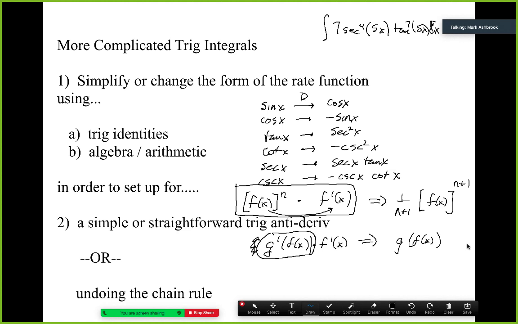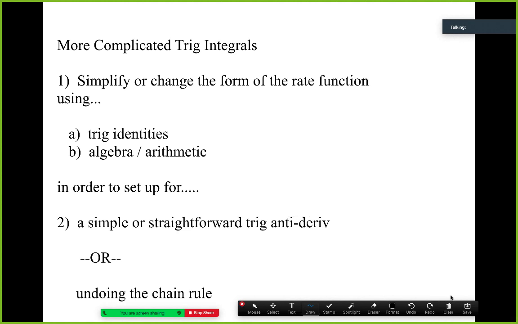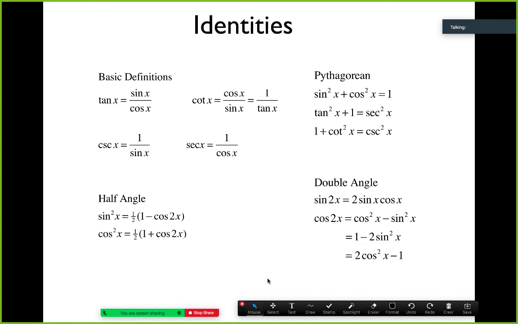Okay, so let's see this in action. Let's do some examples. We've got to look at the identities. Here are the basic identities that you're responsible for.